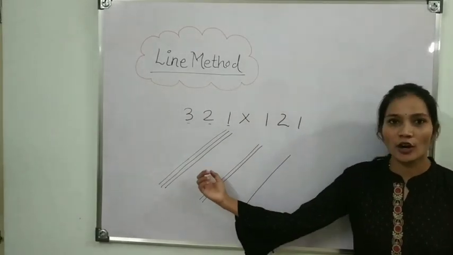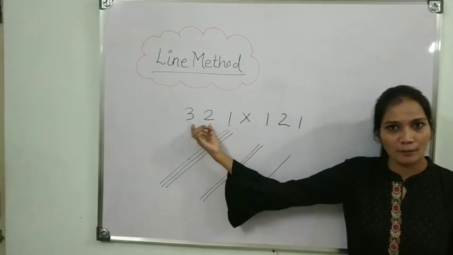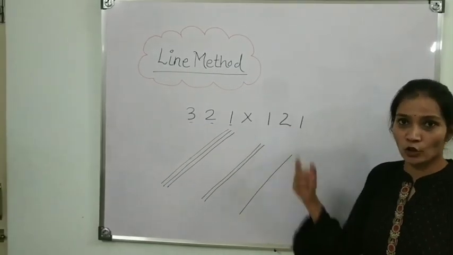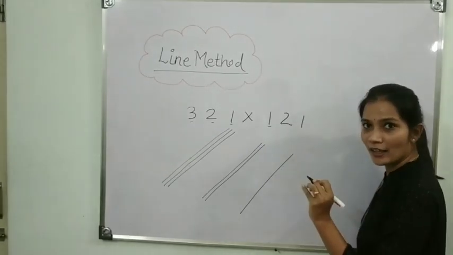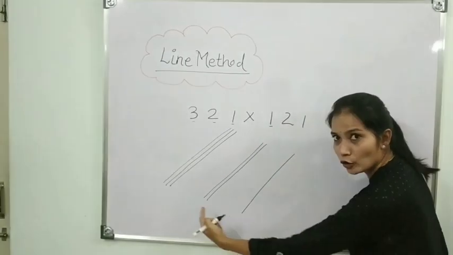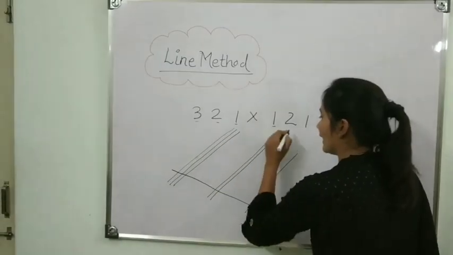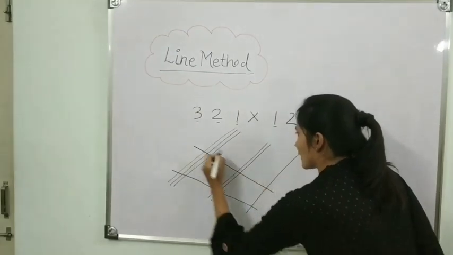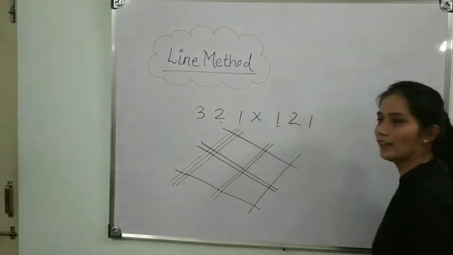You will have to draw these lines parallel to each other if there is a 3-digit number. Then multiply by this. We will convert this 1 in the form of lines from the lower side. Here we will draw 1 line, then 2 lines in the middle and 1 line again here.